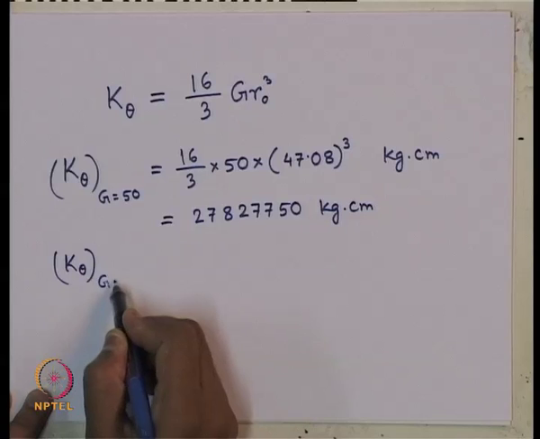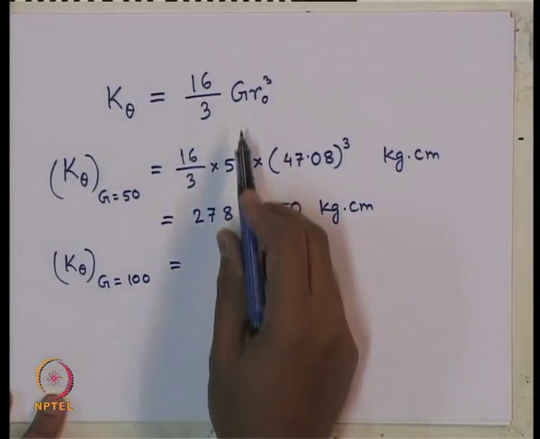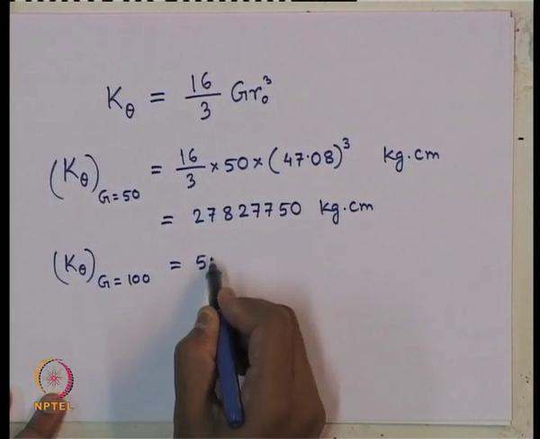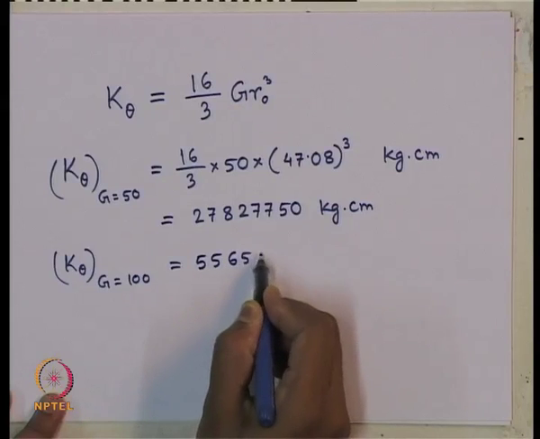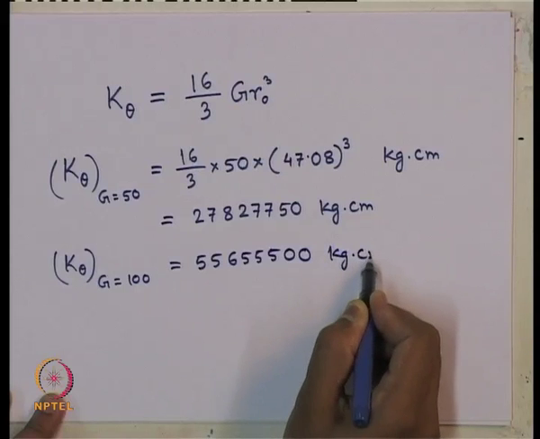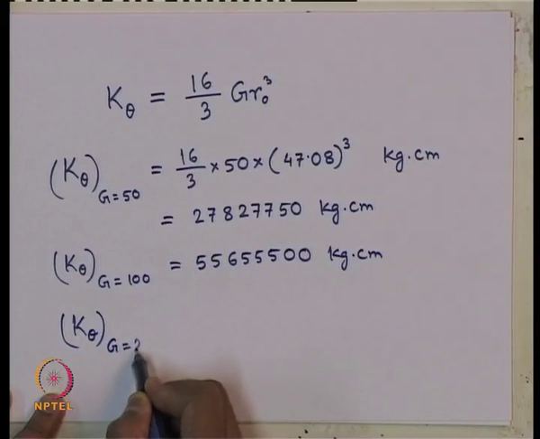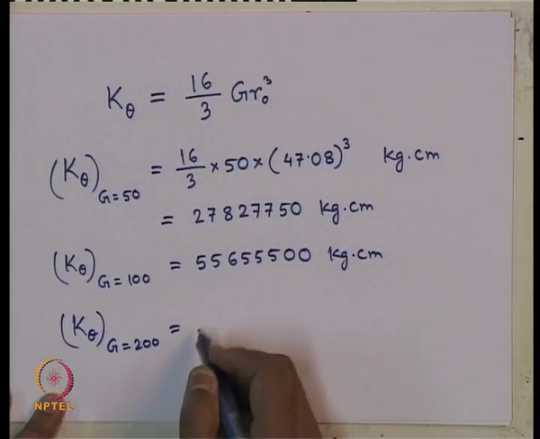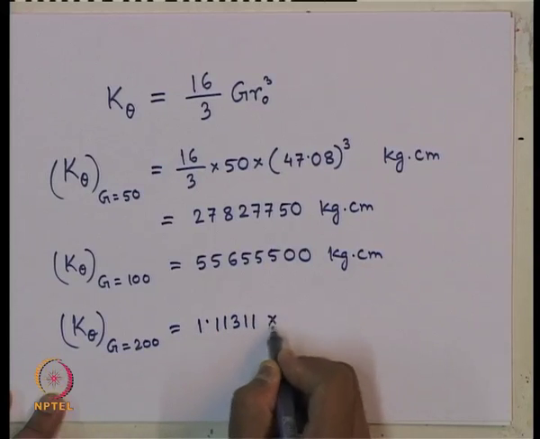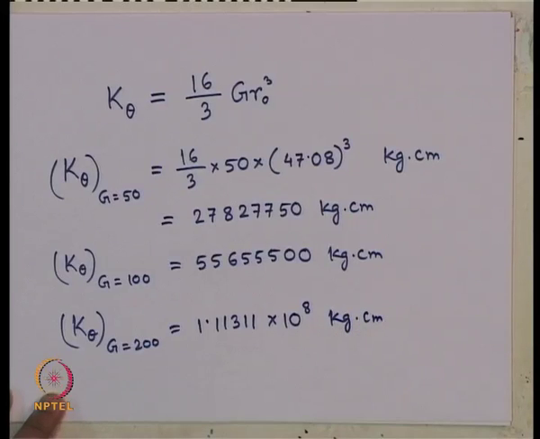Similarly, for the other two types of soil, they are linearly related to G. So, this will be double of this, 5565500 kg centimeter, and k theta for G equals 200 will be double of this: 1.11311 into 10 to the power 8 kg centimeter.